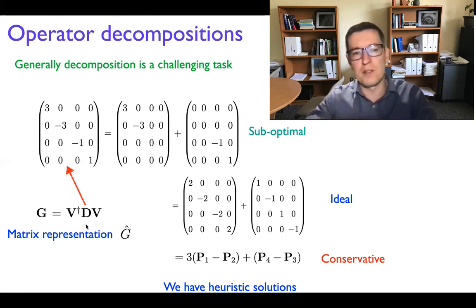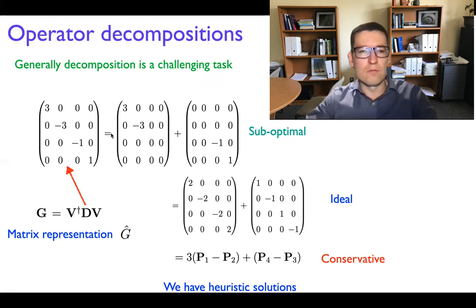So, for simplicity, let's say you have a generator that is a 2-qubit operator, and then you represent it in the Hilbert space of 2 qubits. That gives you 4x4 matrices, and then you diagonalize these matrices, and the diagonal part looks like this, right? So now you can do a suboptimal decomposition into 2 operators, but each will have, as you can see here, 0 and plus minus 3, and here 0 and plus minus 1 eigenvalues.